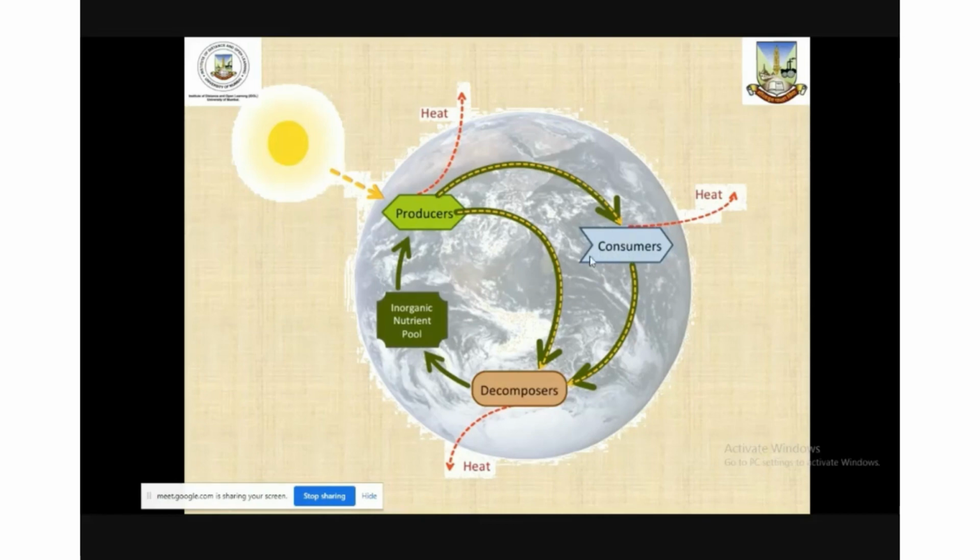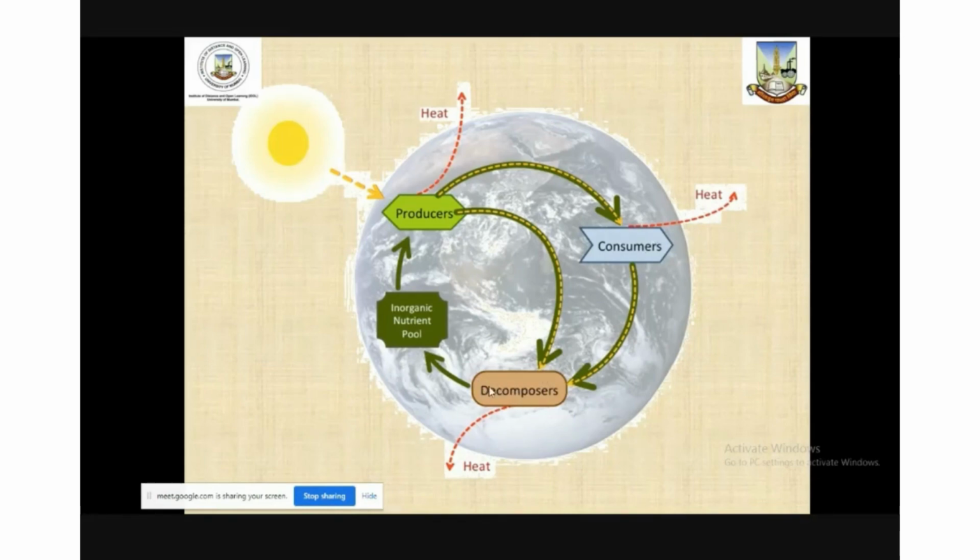then it is through the food chain and food web that it is consumed by consumers, and then the dead bodies of plants and animals are decomposed by the microorganisms, and some heat is also released into the atmosphere at every stage of energy transfer.